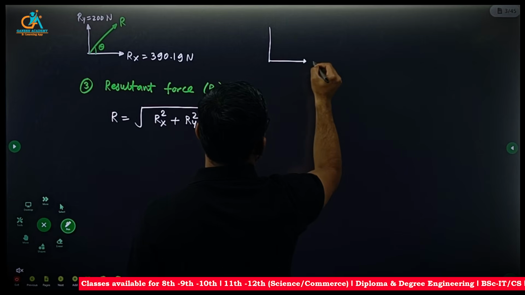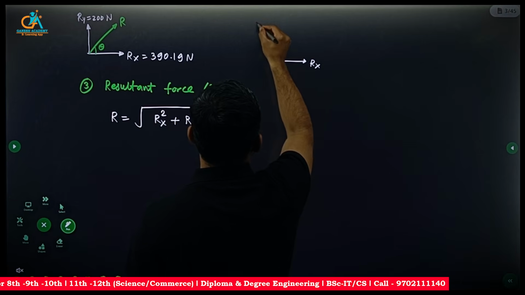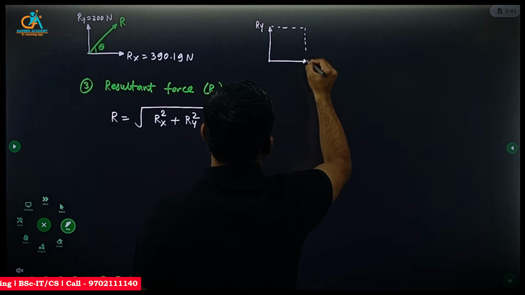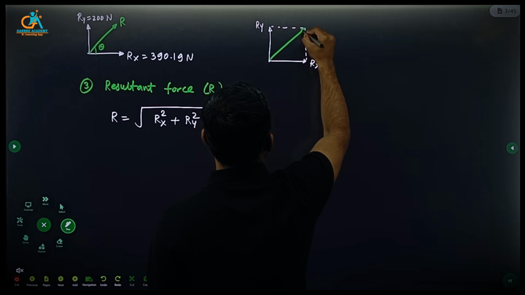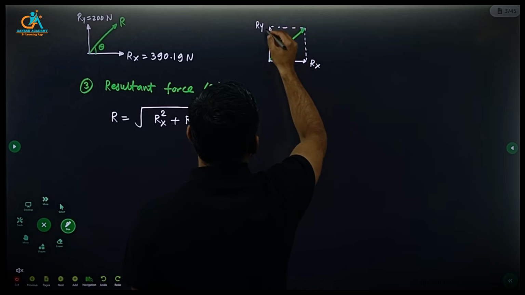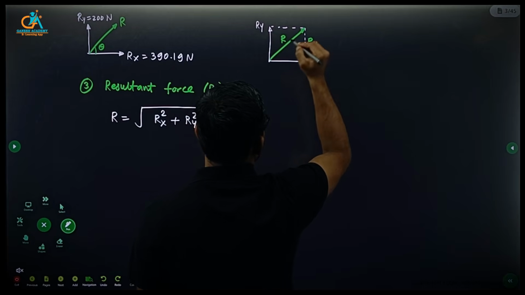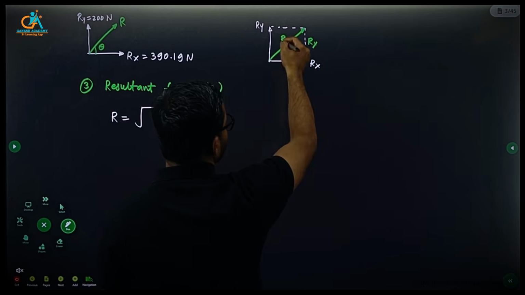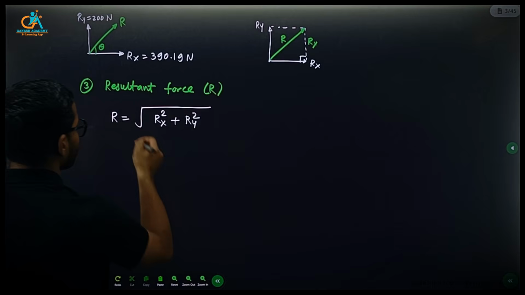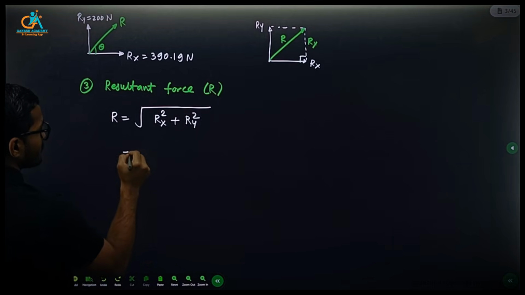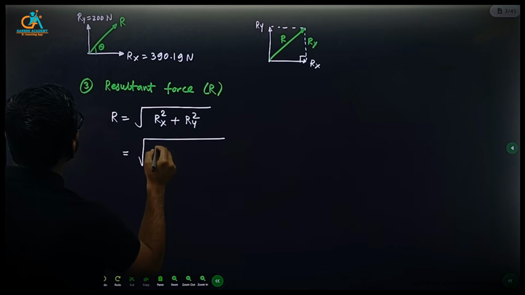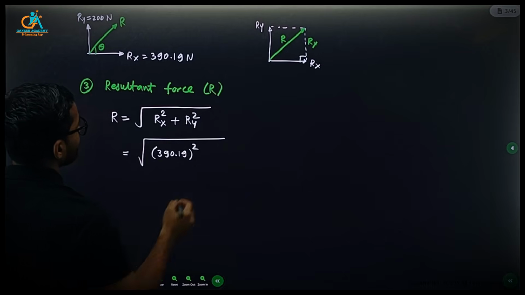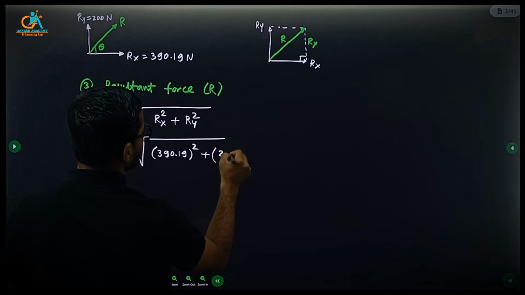If this is your Rx, this is Ry, this should be your resultant R. You can consider this right angle triangle where hypotenuse is R, and you can simply find the formula for R. So Rx is 390.19 and Ry is 200.